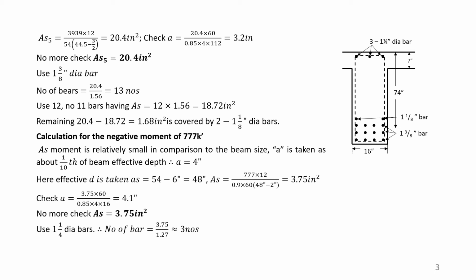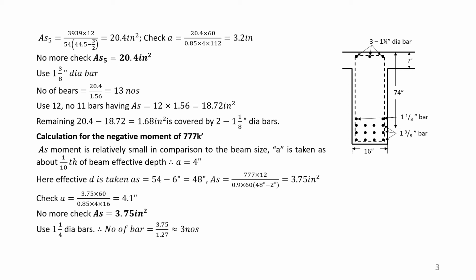As this is a rectangular beam, we have to choose an approximate A value, and as the moment is small, the steel area will be small. That's why we have chosen A value as 4.